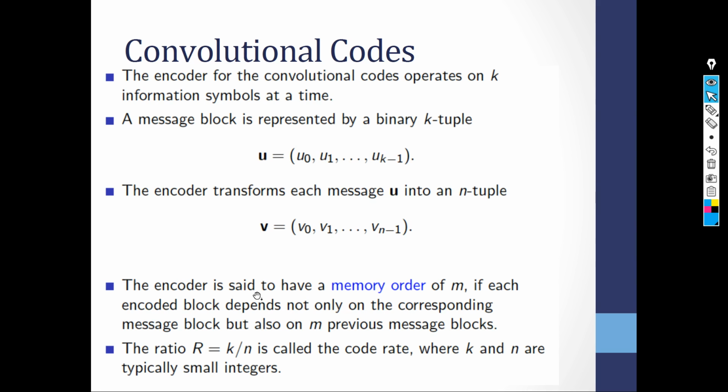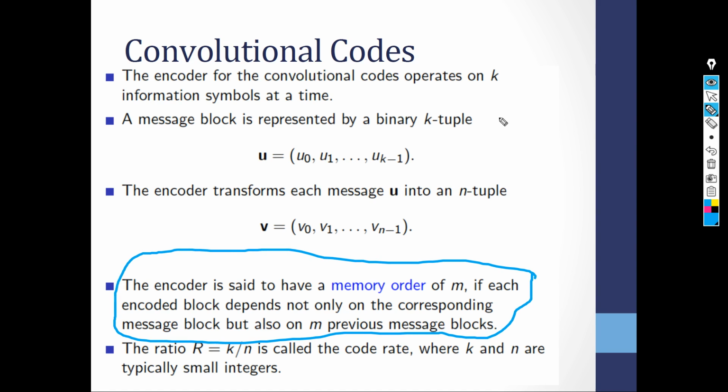The encoder is said to have a memory order of M if each encoded block depends not only on the corresponding message block but also on M previous message blocks. What does this mean? This means that for each input bit from the message, you produce a certain number of output bits. Each one of these output bits is dependent not only on the current value but also on some previous bit values.